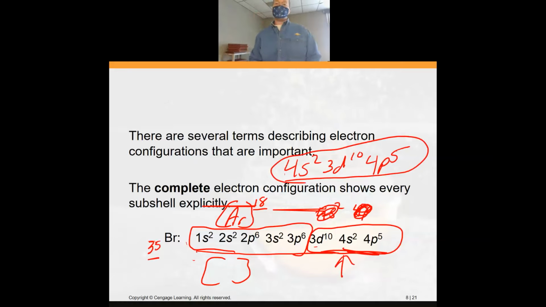That makes no difference to me. The rule is you would write it in number order, which means that your 3 should come first. So you should move the 3d10 to the front, which is what they did. When you're following your buildup rule, you put in the 4s2, then the 3d10, and then the 4p5.